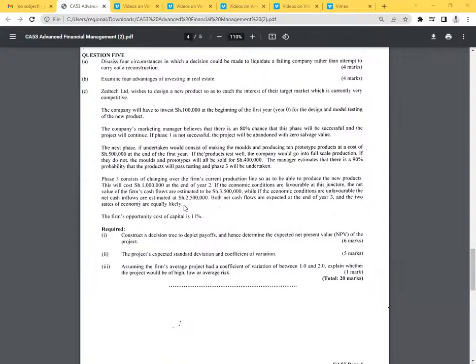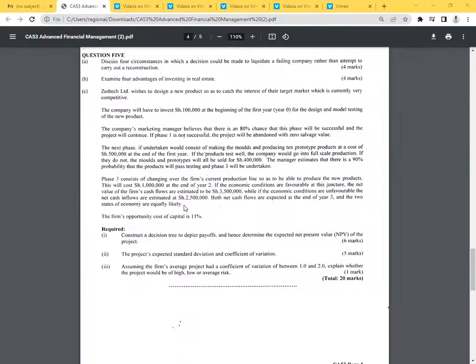The next phase, if undertaken, would consist of making the molds and producing 10 prototype products at a cost of $500,000 at the end of the first year. If the product tests well, the company would go into full-scale production. If they do not, the molds and prototypes will all be sold for $400,000.